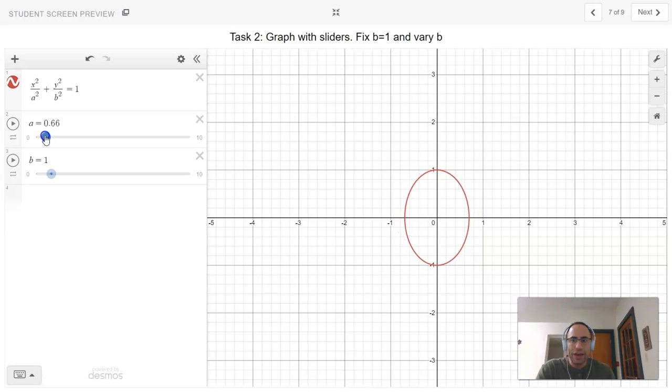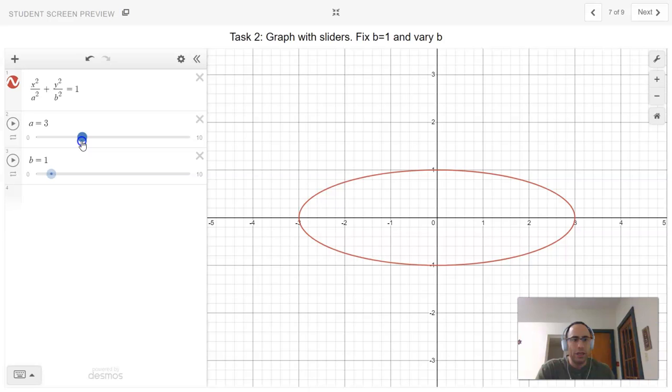As you can see, if a is less than 1, the graph gets pushed in, compressed horizontally. So it's moving basically in the horizontal direction. Now notice here, when a is 3, those points of intersection, hopefully you can see from the graph, we have 0, -3, 0, and this is 3, 0.